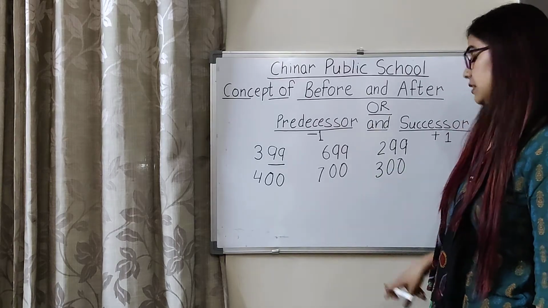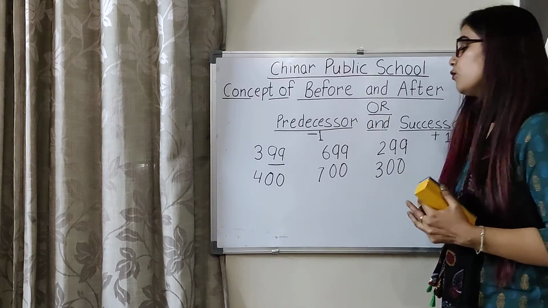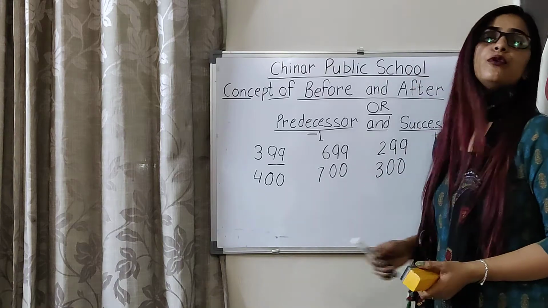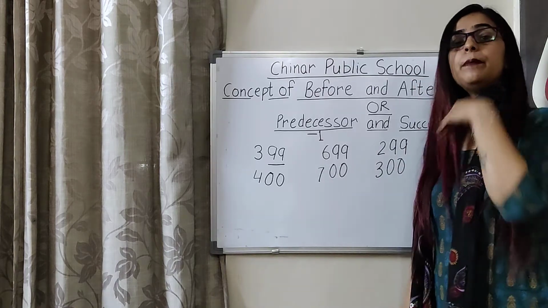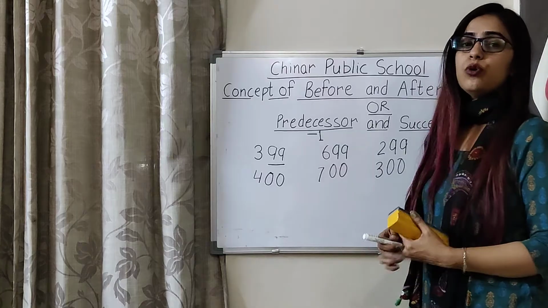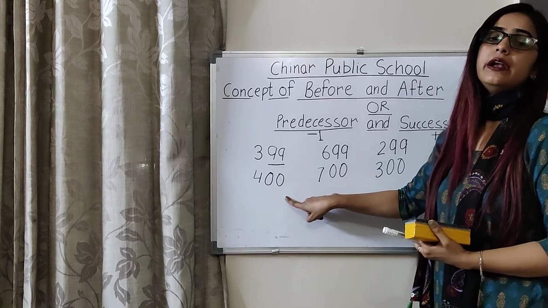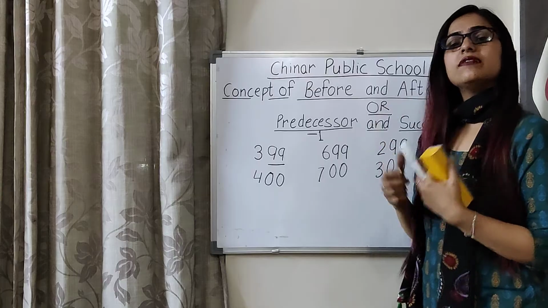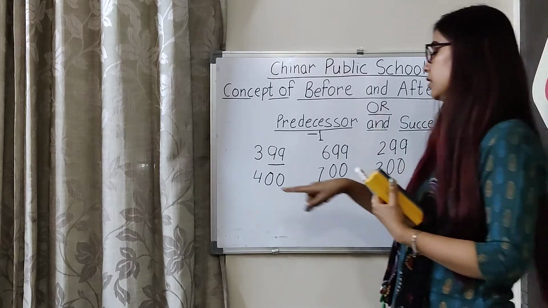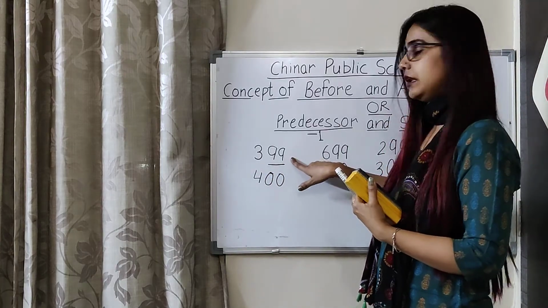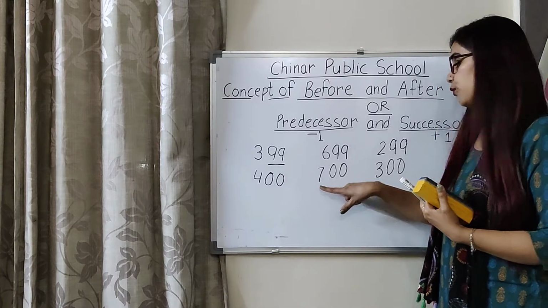In the same manner, if I ask what will be before 400, 400 से पहले वाला नंबर, 400 से पहले हमने कौन सा वाला काउंटिंग किया होगा? 300 का, so it will be 399. What will be before 700?